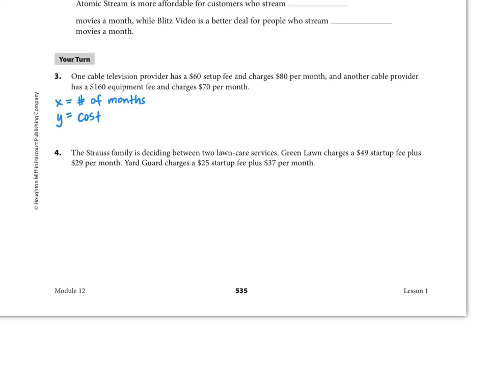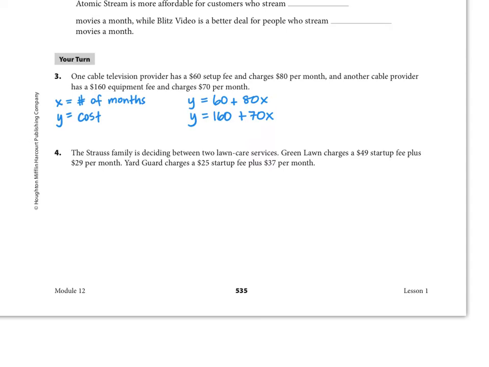So the cost of the first television provider is a $60 setup fee, plus it charges $80 for every month. That's times X. And that's going to be equal to our cost. The other one has a $160 equipment fee, and it's $70 for each month. And that's also equal to its cost.